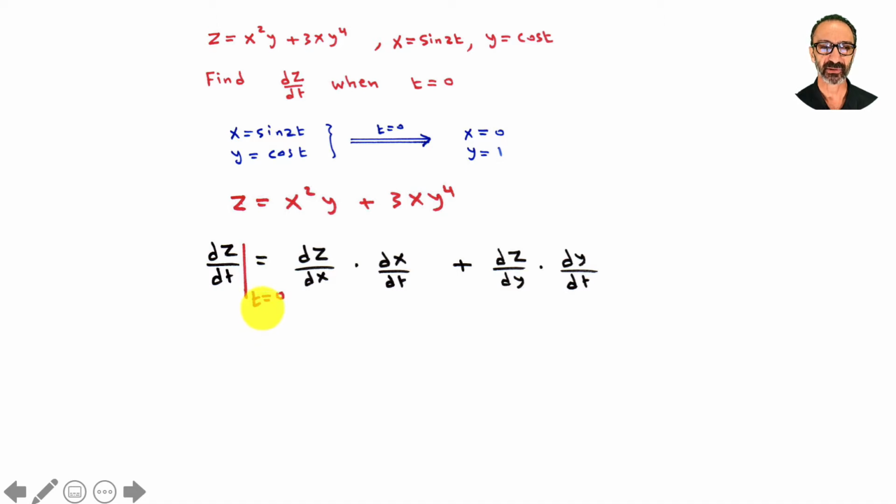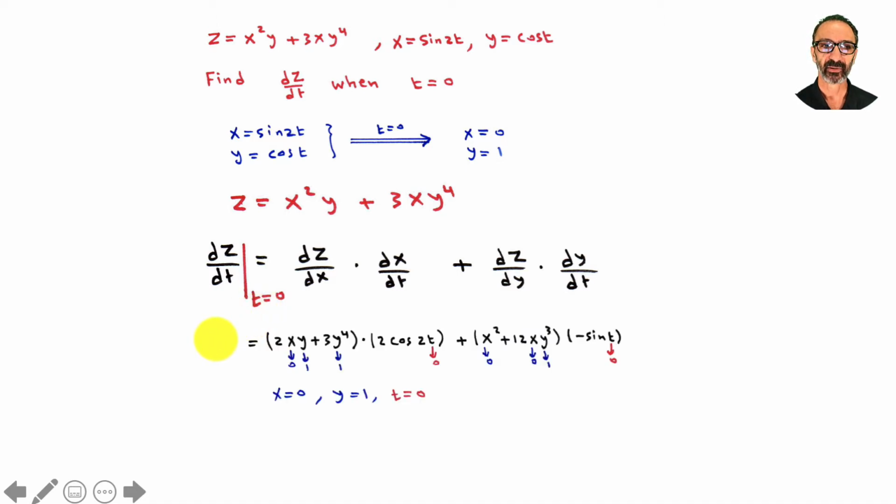At t equals 0, I have the derivative of z with respect to x will be 2xy plus 3 times y to the 4th, as you could see right here, and I have dx/dt equals cosine 2t times 2.